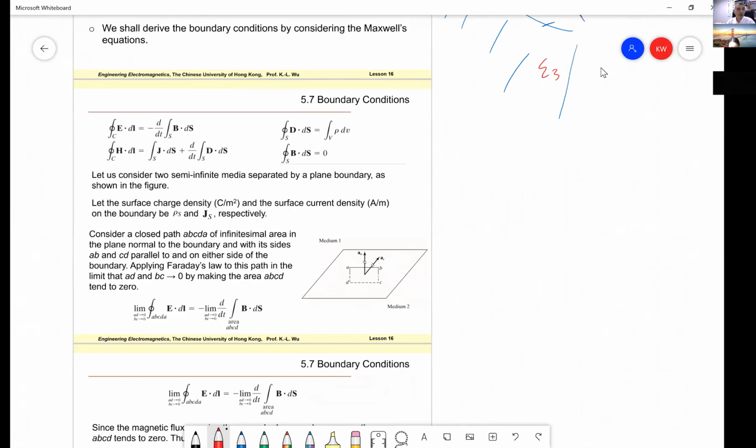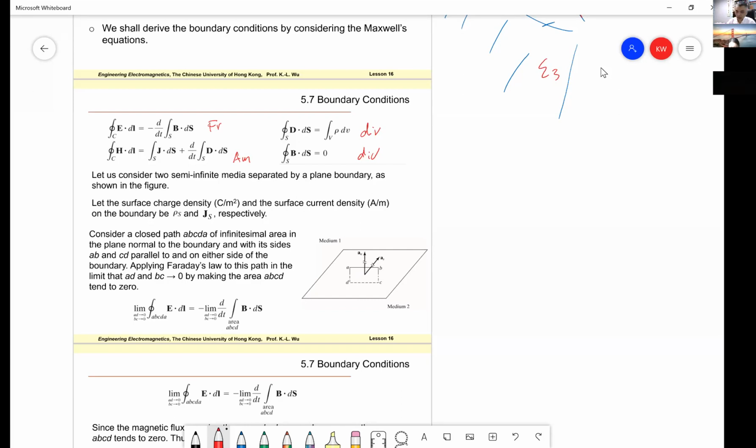And then we start from the integral form of Maxwell equations. So integral form: the Faraday's law, and the Ampere's law, and the divergence theorem for the electrical field, the divergence theorem for the magnetic field.